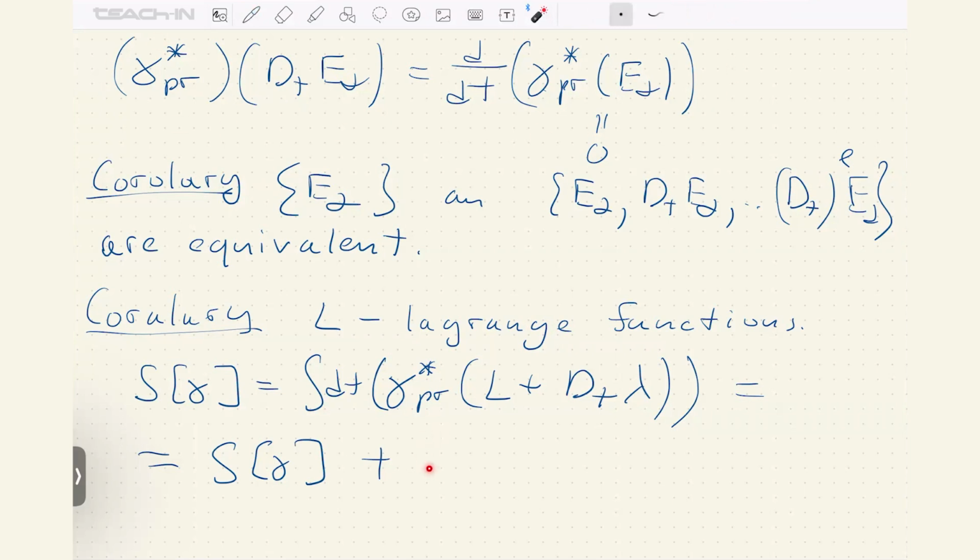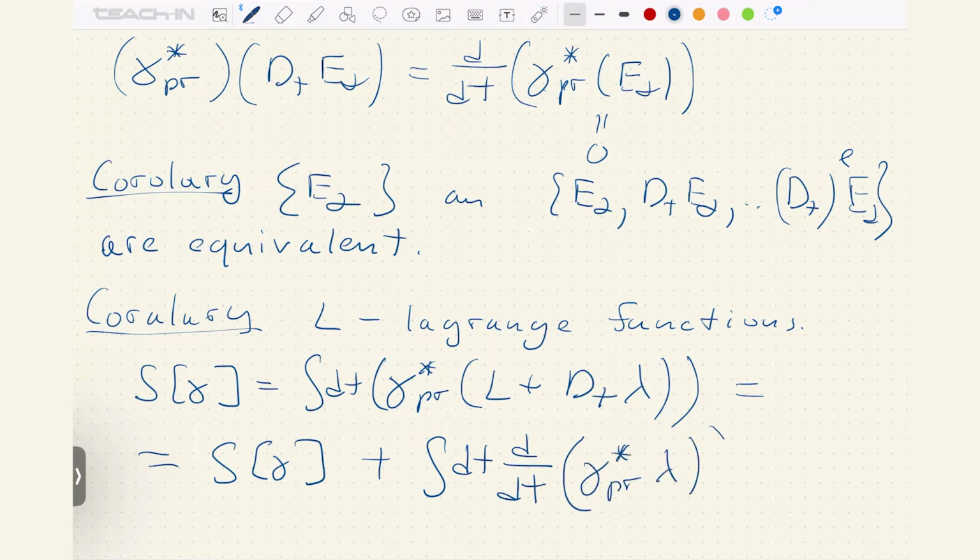So what you will get is the integral of dt of d over dt of gamma star prolonged lambda, right? So you get a boundary term. If your integration is over an interval, then this is the boundary term, the difference of values at the boundaries of the interval.